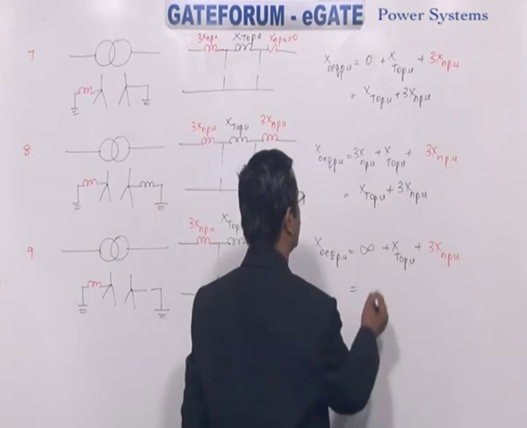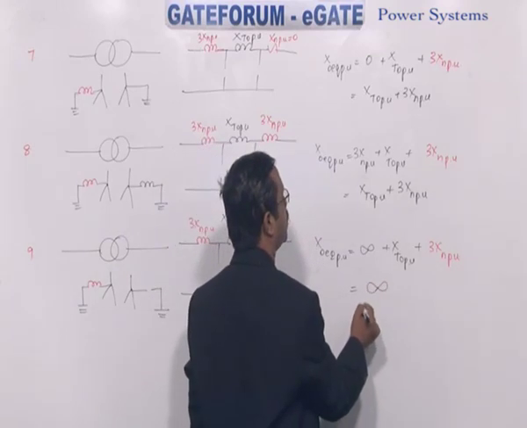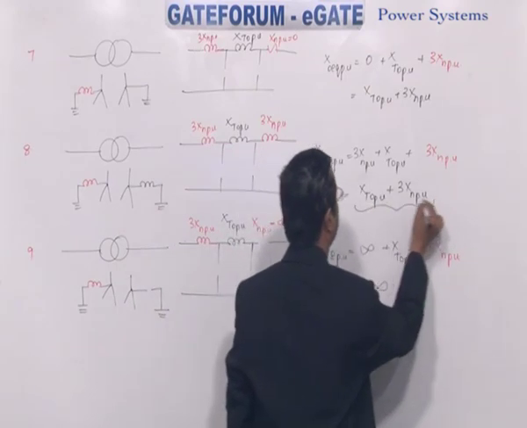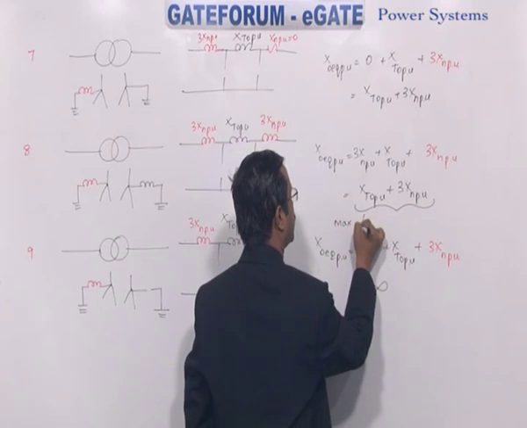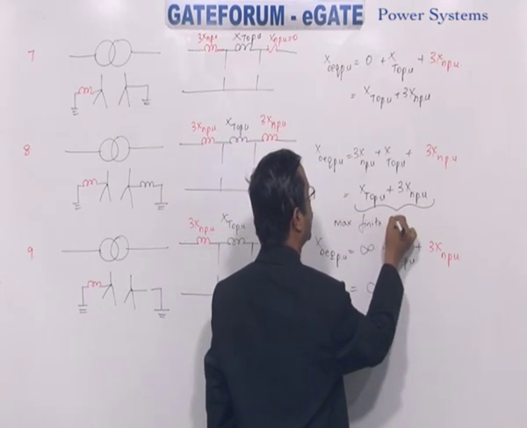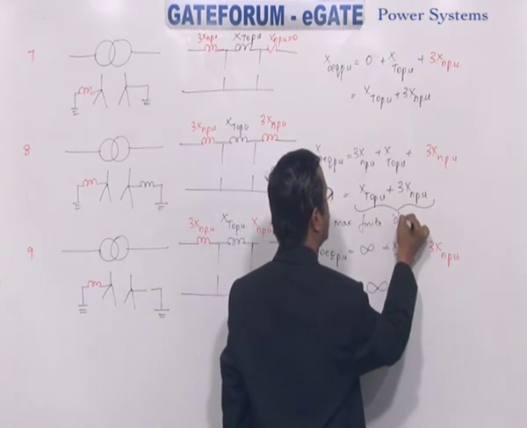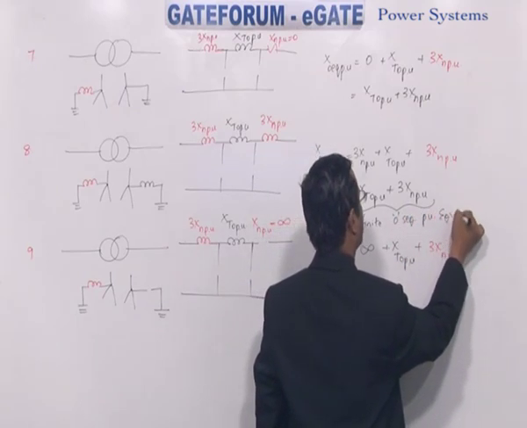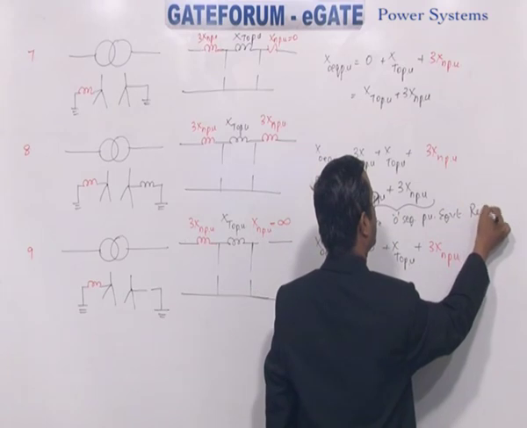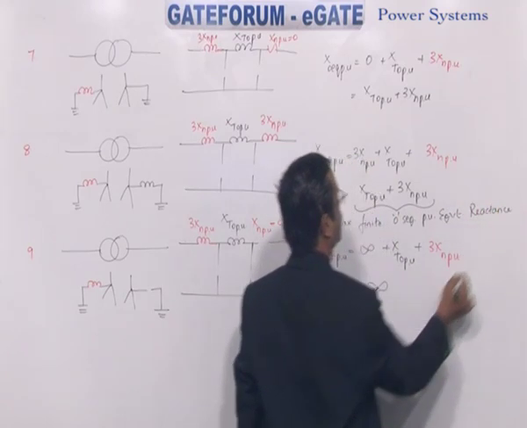What about this last one? Infinite. So why only this 3Xn? Because it is the maximum finite zero sequence per unit equivalent reactance.